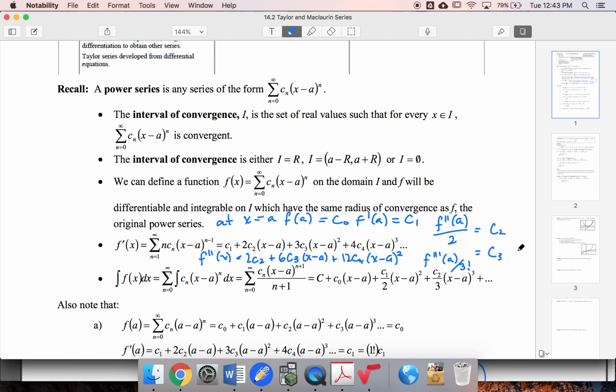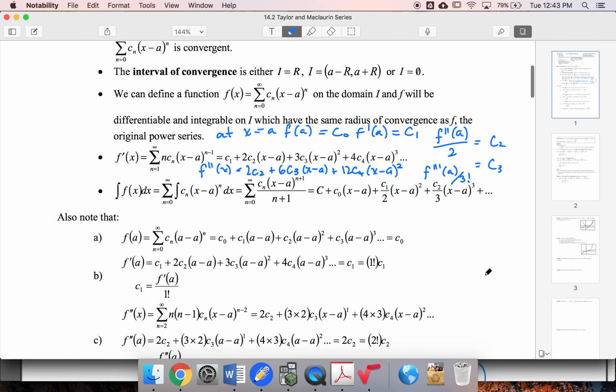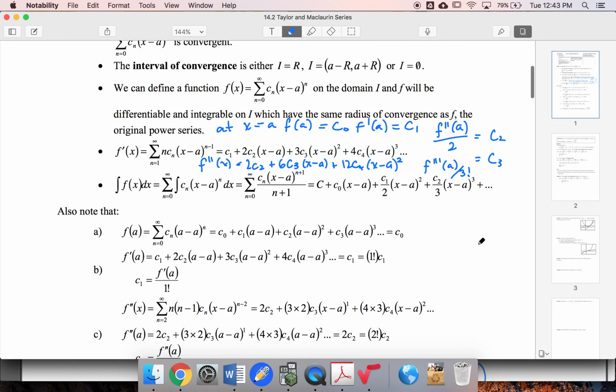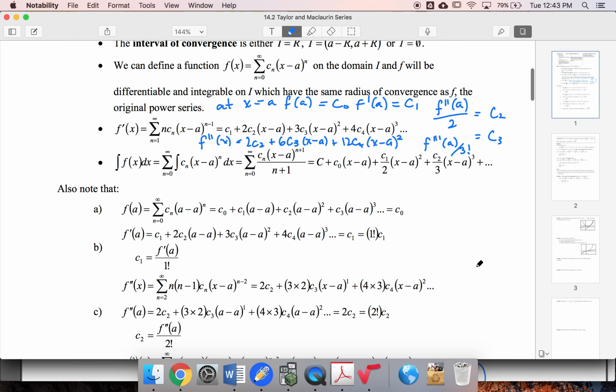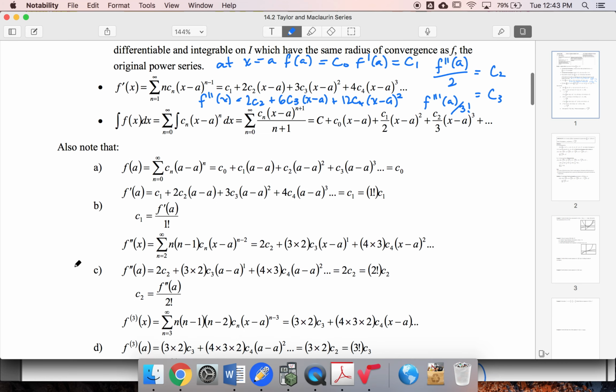We can continue on in this way, and that leads us further in the notes where we figure out how to solve for these constants. So we can use the derivative to solve for the constants. That's what this is talking about here. So here I am finding my first derivative at a gives me the first constant.